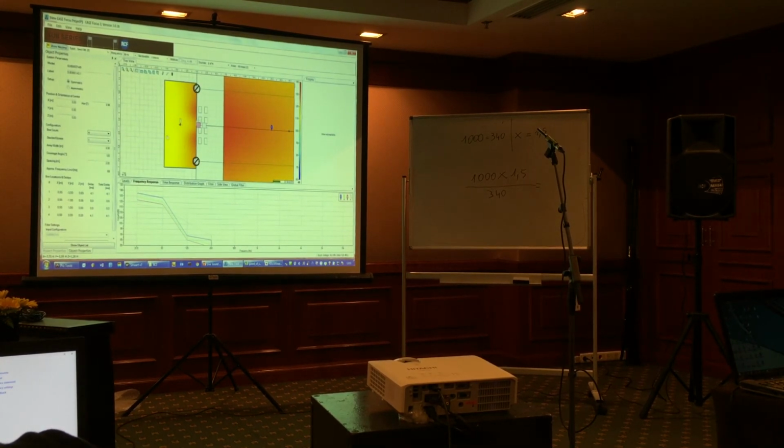Now it's clear. Then on the stage we reach a cardioid behavior.